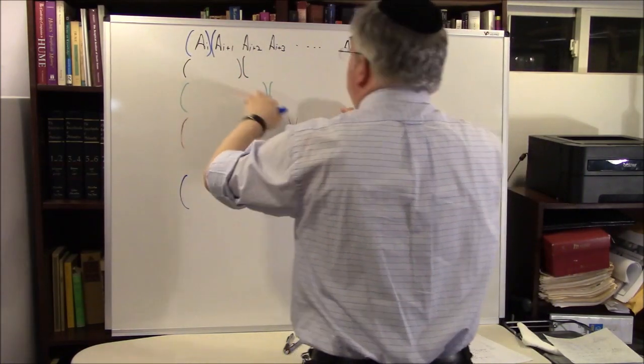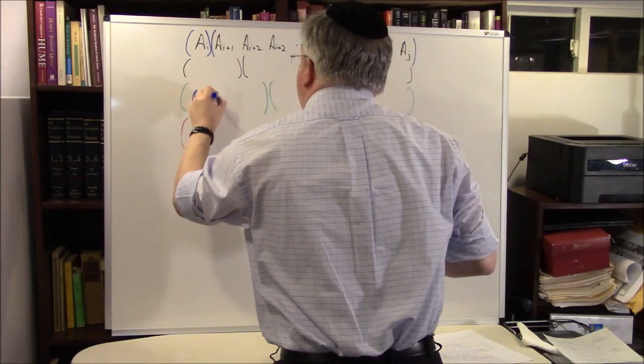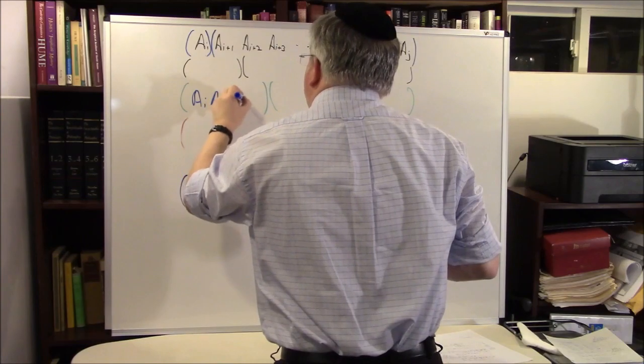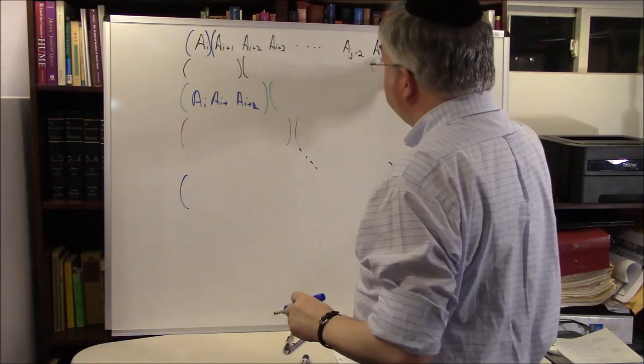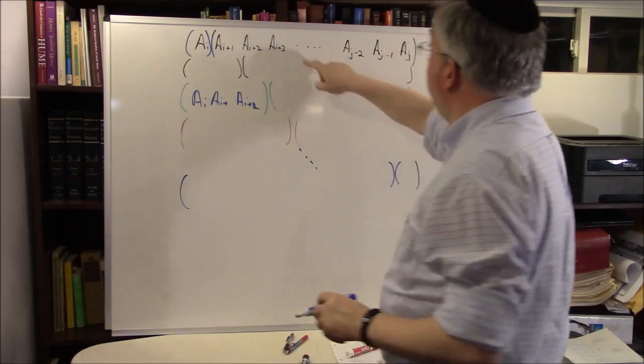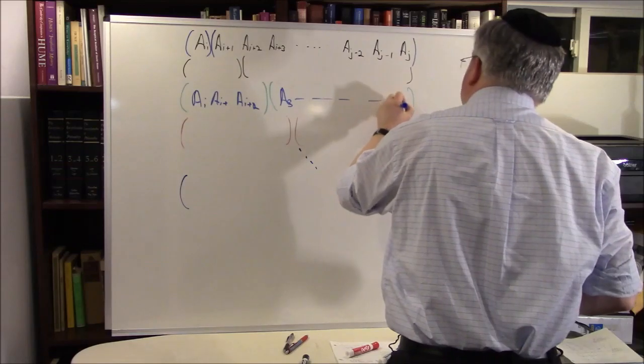Same thing here. You have how to multiply AI plus 1, AI plus 2 in your matrix, and you have what's the easiest way of multiplying A3 through AJ over here. So this would be A3 through AJ over there.